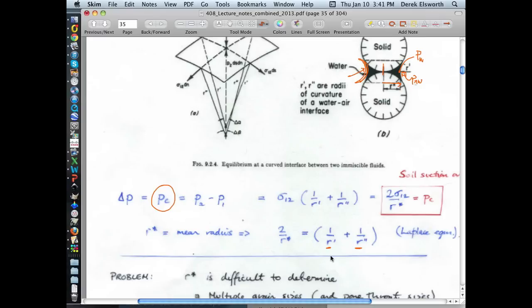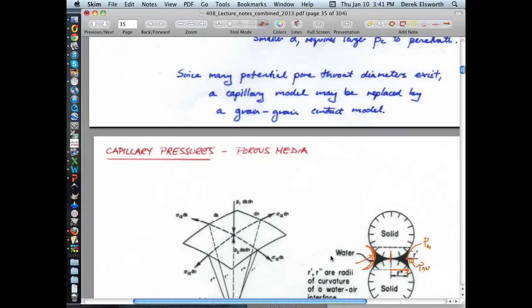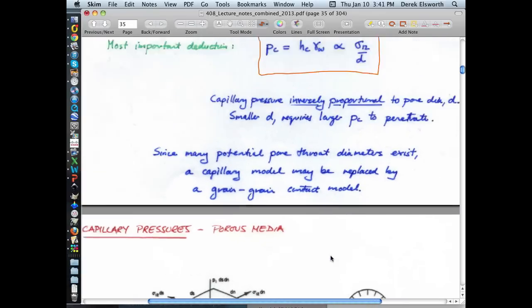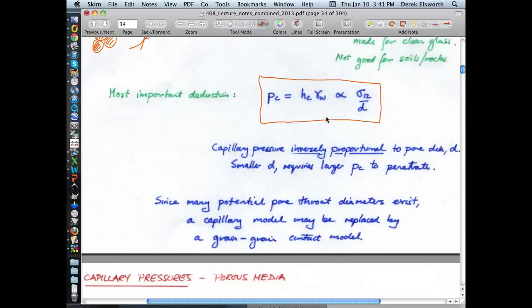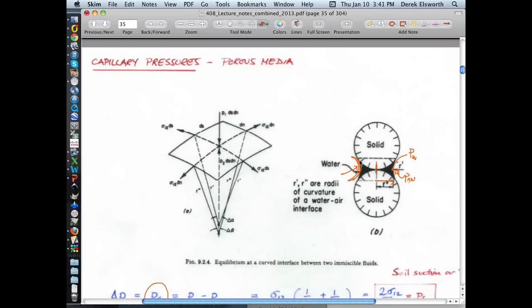And so the bottom line, the take-home message from today, is that we can use this very simple analog to be able to say something about the pressure differences we have to apply to be able to push immiscible fluids through a porous medium, either as a bunch of capillaries or as a bunch of beads.